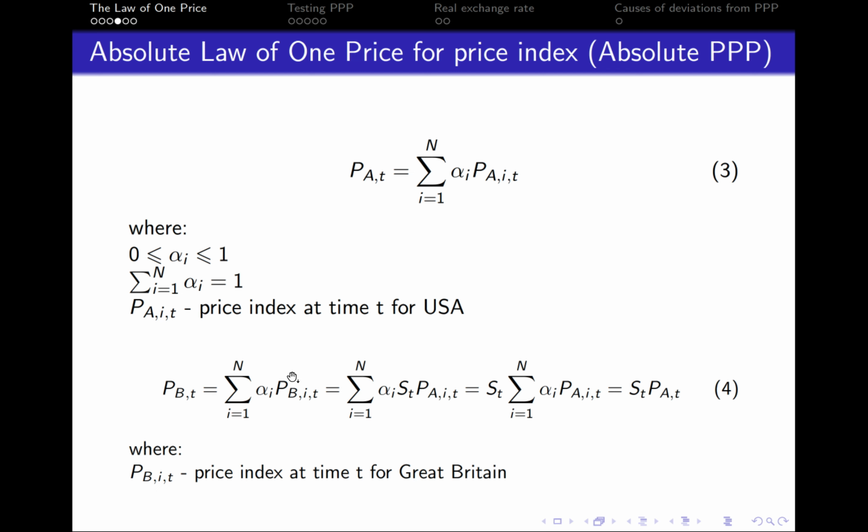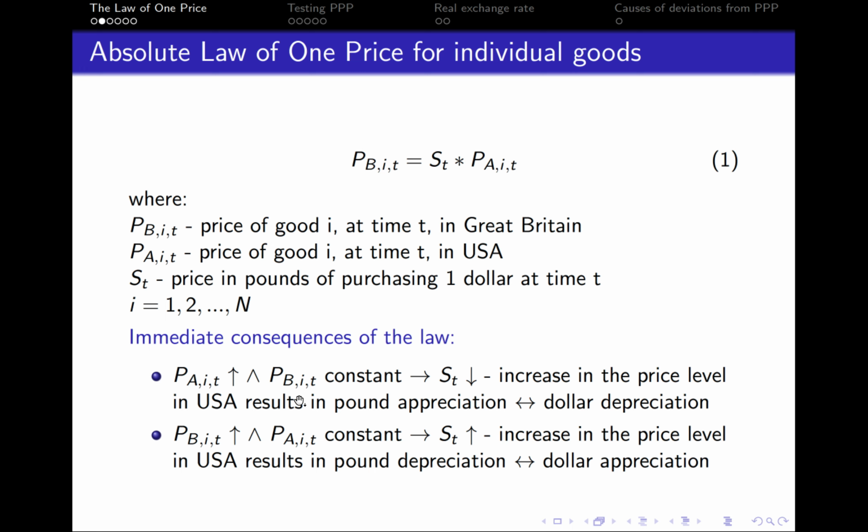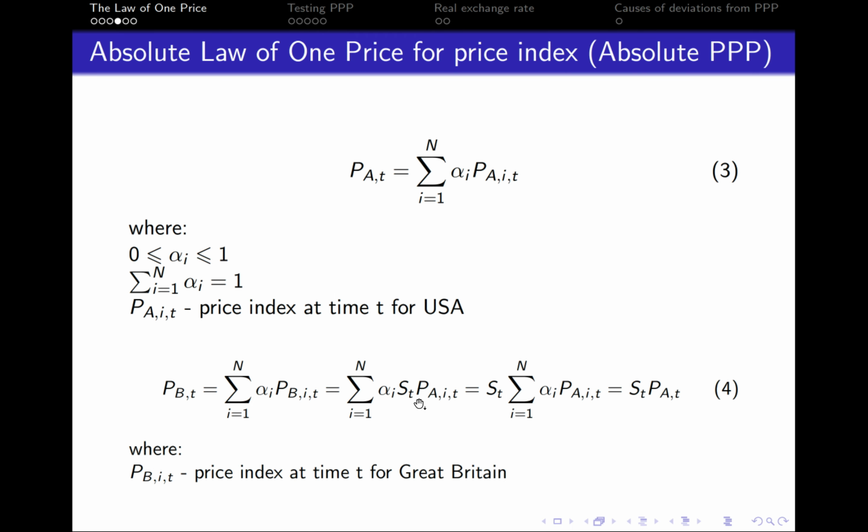And look, because of the absolute law of one price, I can substitute this for individual goods in the sum symbol. So instead of that, from our initial equation, I can make the substitution over here. And because the exchange rate is the same for all the goods, I will get an expression over here.